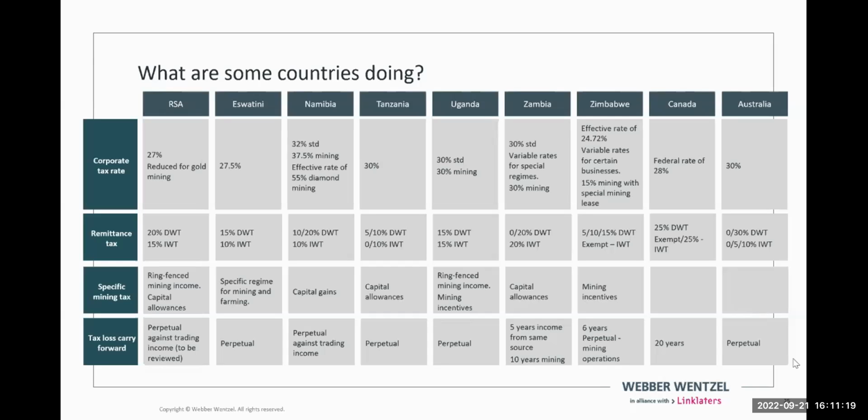You may find that taxpayers who formerly paid tax and had nice taxable income, and contributed to the fiscus regularly, suddenly stop. And so the perpetual loss carry forward does create, I think, a bit of volatility. It's also not just limited in terms of time that can be carried forward, but also the amount.